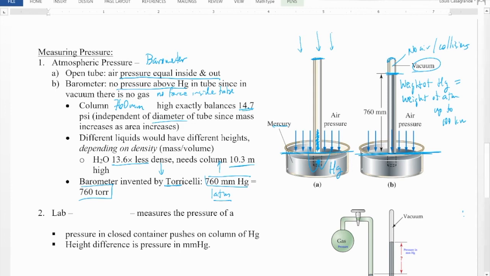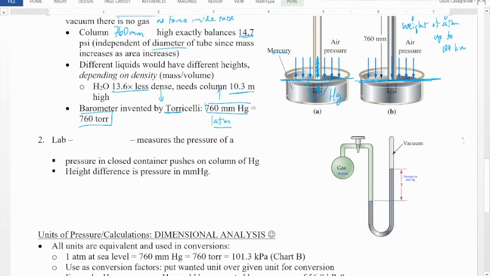In a laboratory setting, we want to be able to measure the pressure, and so we use a device called a manometer. Manometer. It's measuring manos. I don't know what that means. It measures the pressure of a gas in a container.